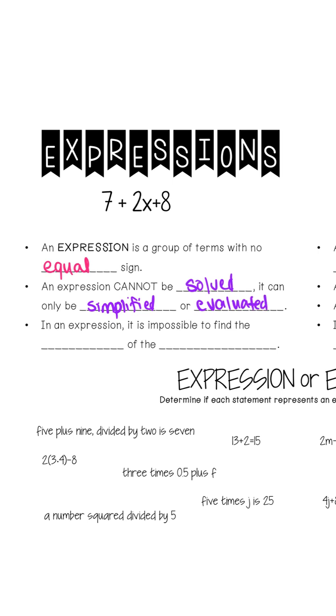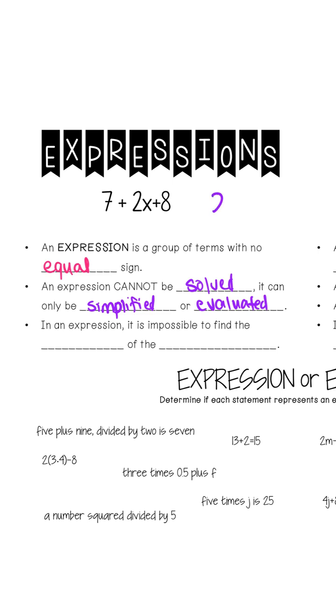In this case, this is called an algebraic expression because it has letters in it. When we do order of operations, we're simplifying an expression. You're trying to condense it as much as you can. So what I could do to this expression, 7 plus 2x plus 8, is simplify it by combining like terms, which we'll talk more about.